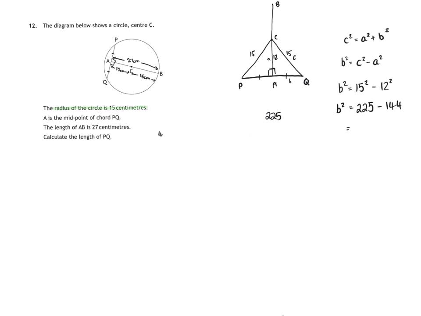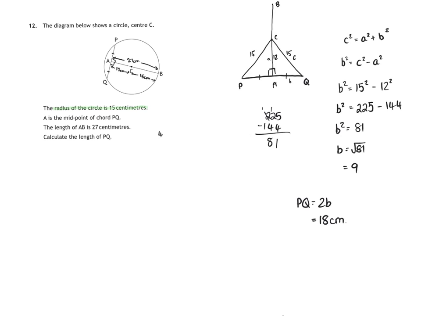So again, just do a little calculation. 5 take 4 is 1, you have to carry, and then we get 8, so we get 81. So we have b squared is 81, so that means b is the square root of 81, so that is 9. So that gives us half of the distance. Okay, so PQ is going to be 2b, which is 18, and it's going to be centimetres.